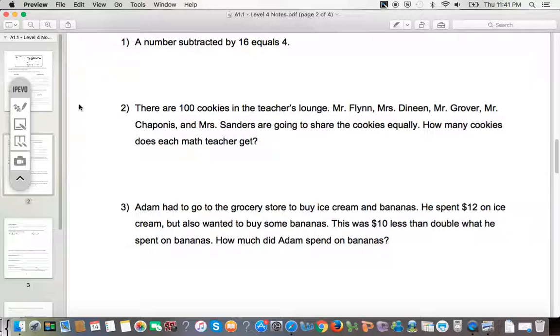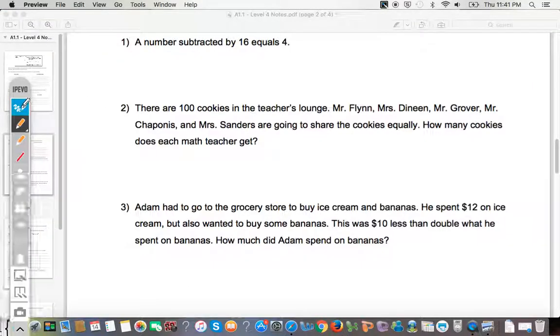Okay, so we're going to write an equation and solve these problems. Let's break it down. We have a number. Let's use x because we don't know what it is. Subtracted by 16. Well, subtracted by means we have a subtraction sign. 16 will go down.